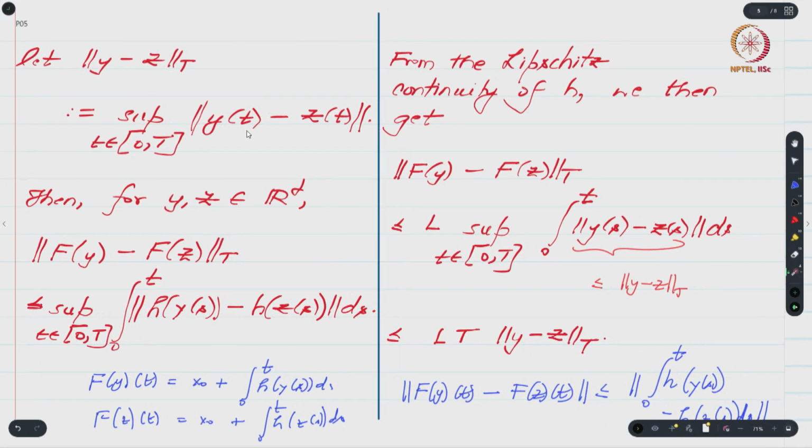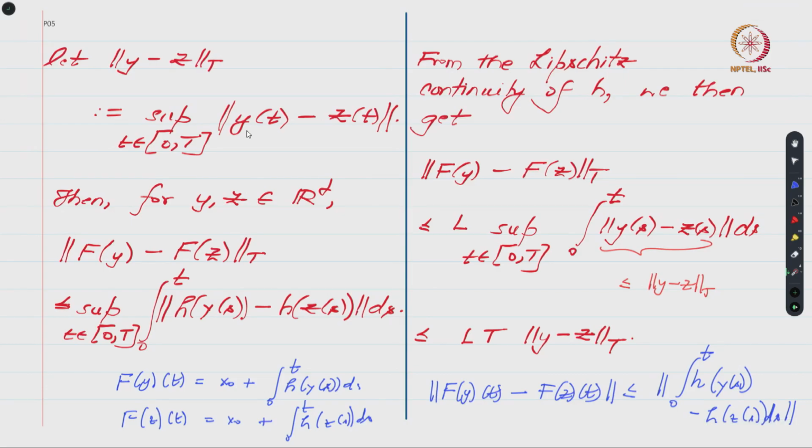So what does contraction mean? Contraction means that the distance between outputs is strictly less than the distance between the inputs. In particular, because this is less than 1, the distance is reduced by a factor which is strictly less than 1. This is what a contractive mapping means, and this constant is not dependent on the choice of y and z. It is independent of the choice of y and z.